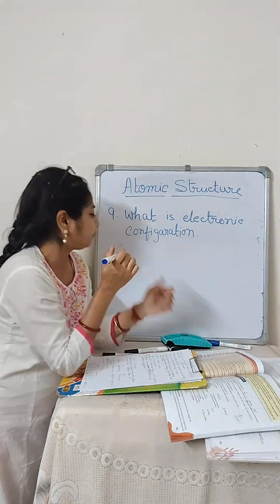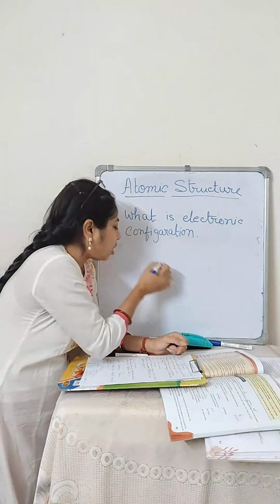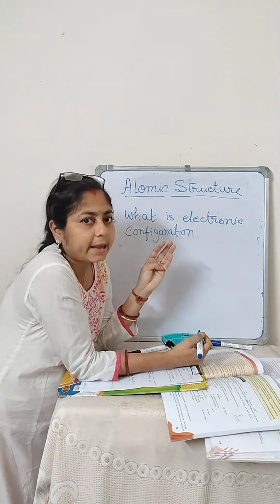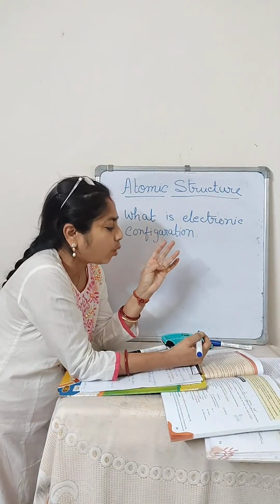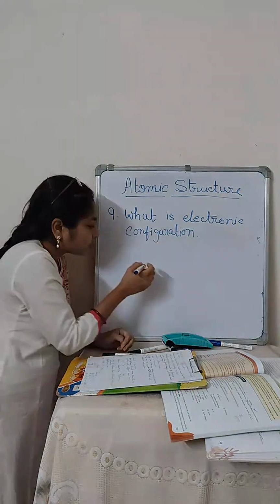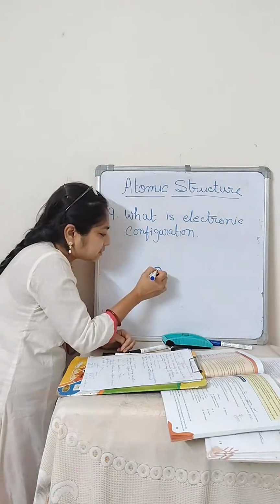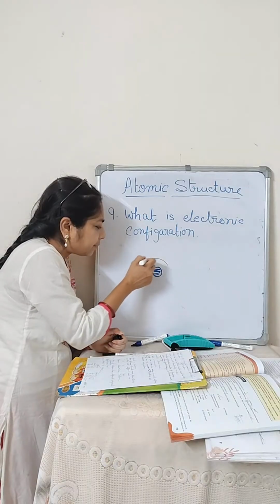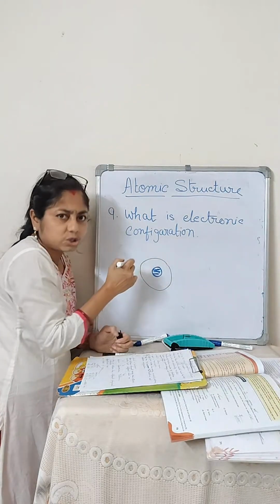First I tell, in the atom there are 7 shells: K, L, M, N, O, P, Q. Now I show this one. This is the nucleus. Around the nucleus there are paths. It is called a shell or orbit.